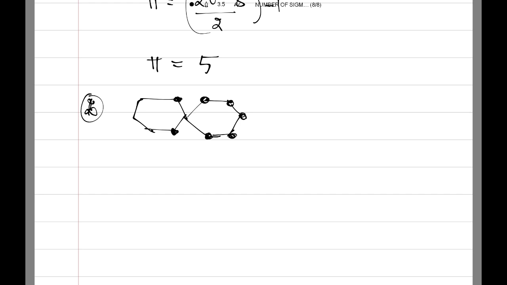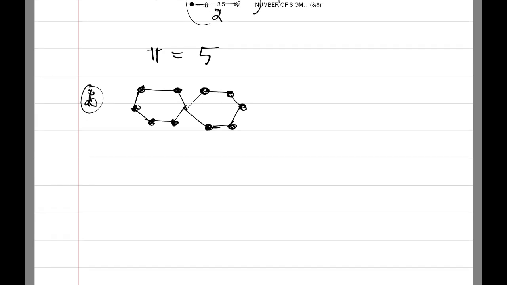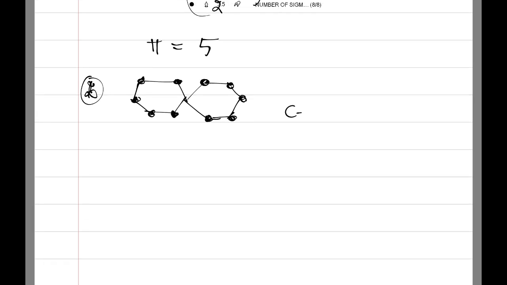The total number of carbon atoms is 11, and the total number of hydrogen atoms is 5 plus 5 plus 10, so 20. So the formula is C11H20.